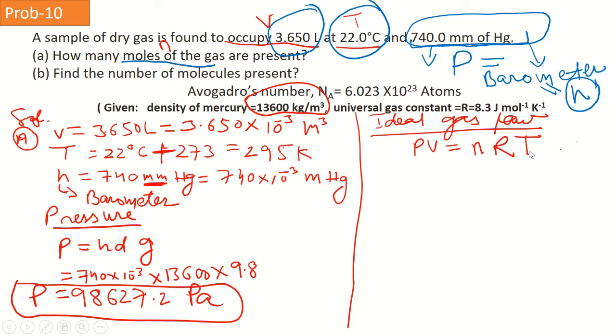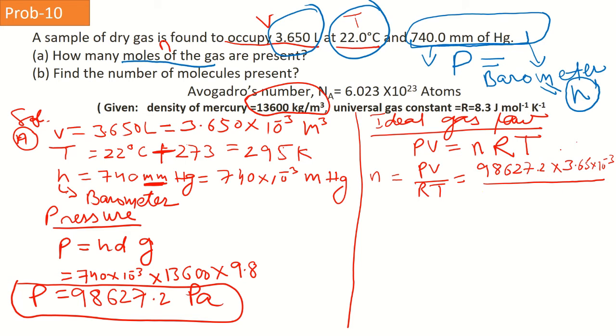So here we have to find the value of n, so I can rearrange the formula. So n is PV over RT, and the pressure value is coming 98627.2, and the volume is 3.65 into 10 to the power minus 3, and it is divided by the R value.